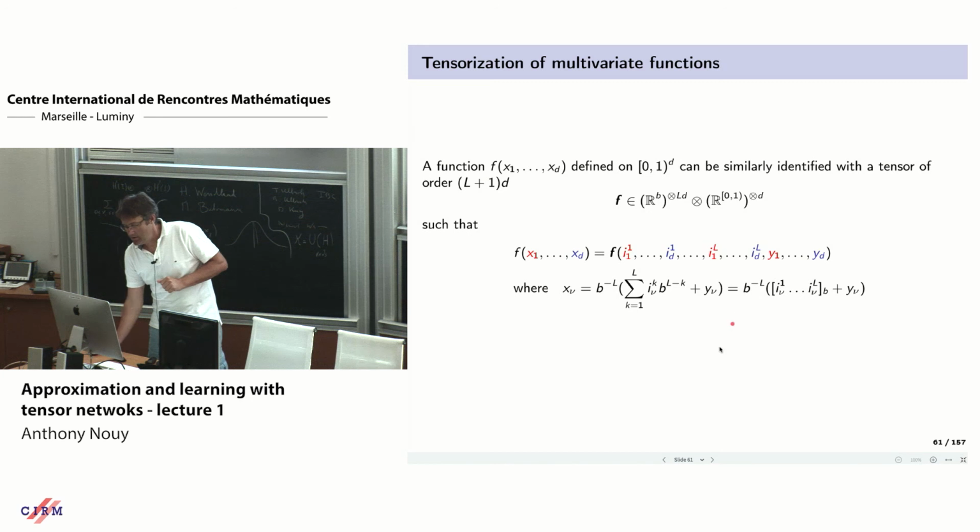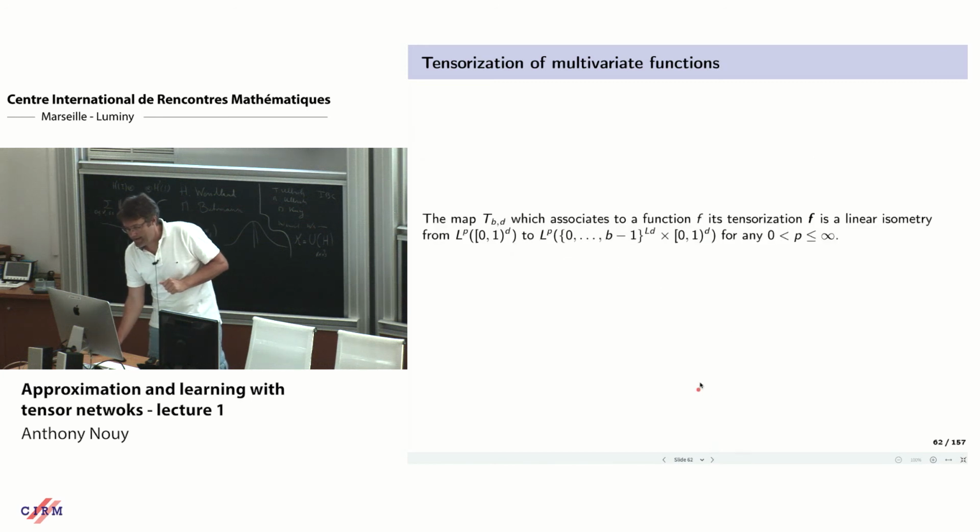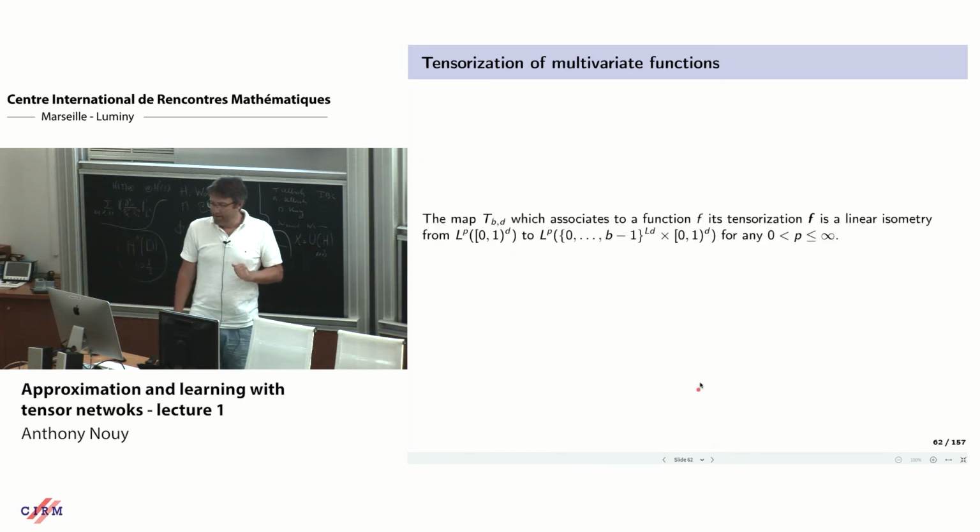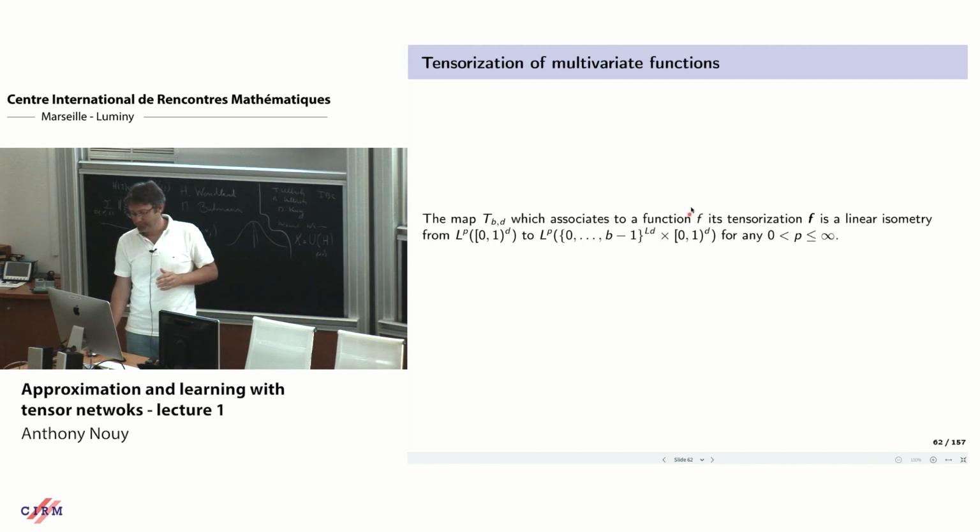And a final remark is that the map which associates to a function its tensorization, we prove, is a linear isometry between the L^p space defined on the hypercube and the L^p space defined on this product set.